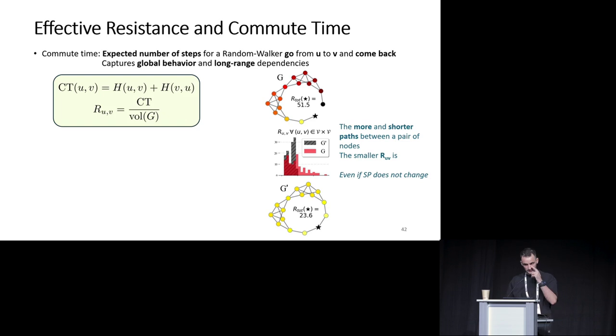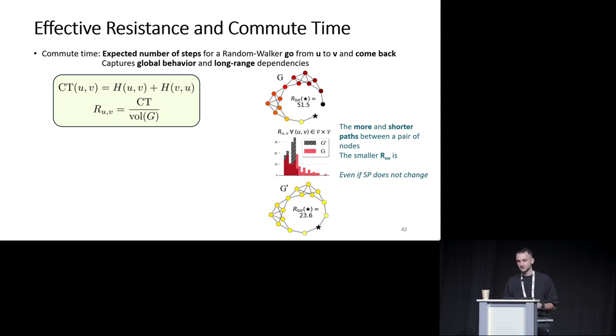And last but not least, we talk about effective resistance and commute time. The commute time is a pairwise metric between nodes, which is the expected number of steps of a random walker to go from one node to the other and come back.